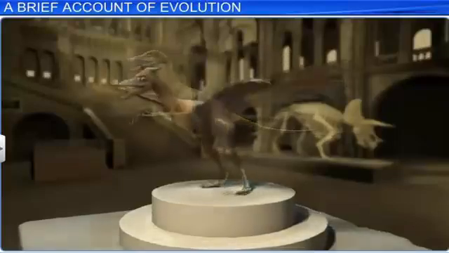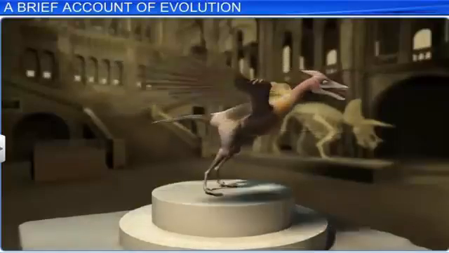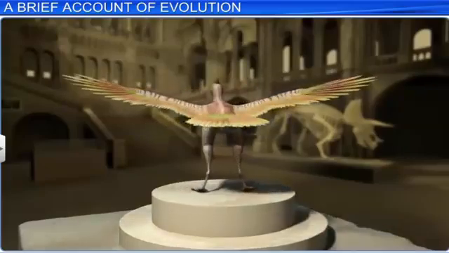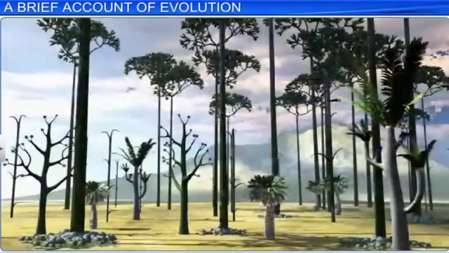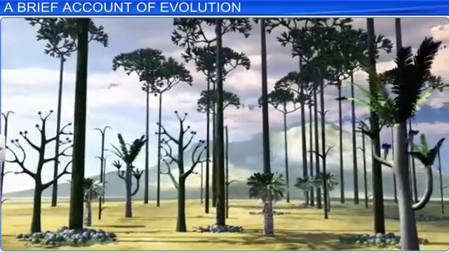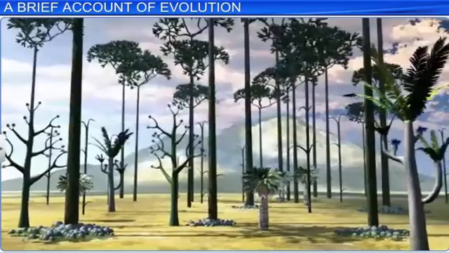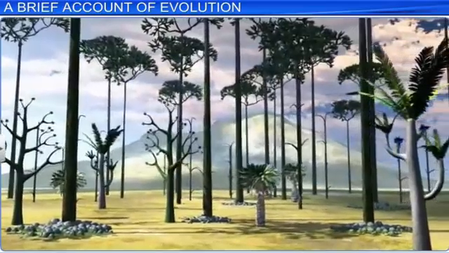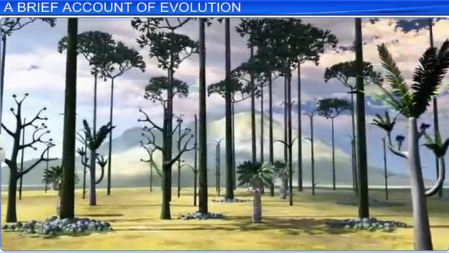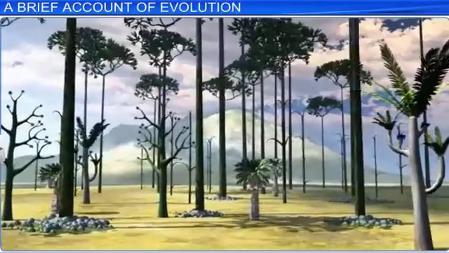In fact, birds became modernized in the Cretaceous period of the Mesozoic era. The flora in the Mesozoic era was dominated by flowering plants and non-flowering plants such as ferns, pines, conifers, and cycads.